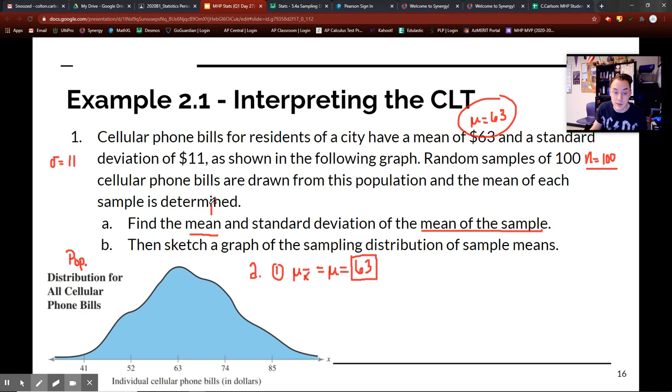So that one is very simple indeed. Okay, that's the very first thing I want to find. My second step is to find the standard deviation. So let's do the second step here. What's my formula for that? My formula is this. Remember how I said it was very important? So I'm going to rewrite it.